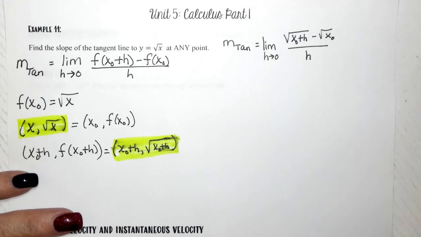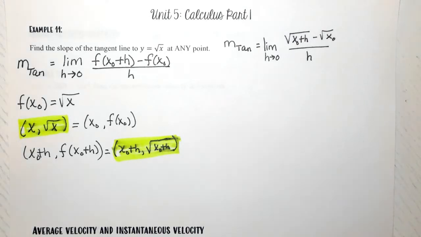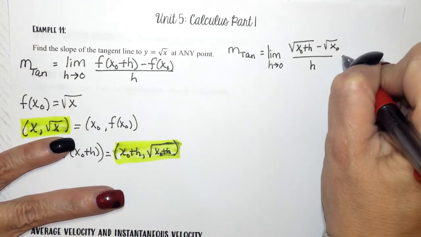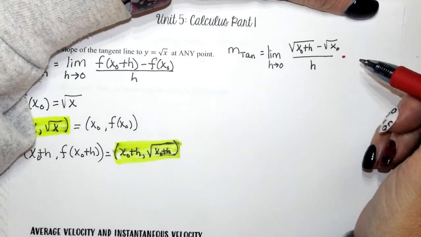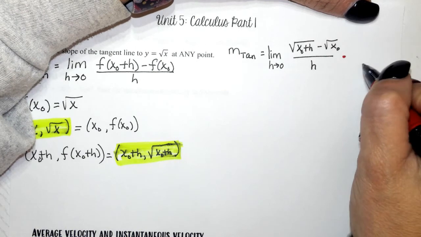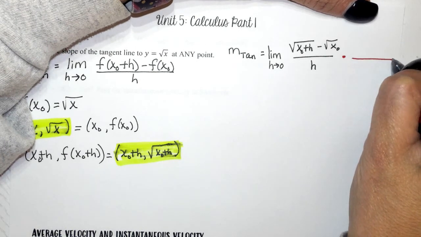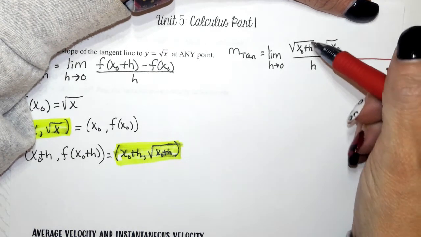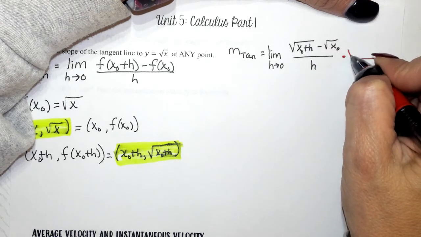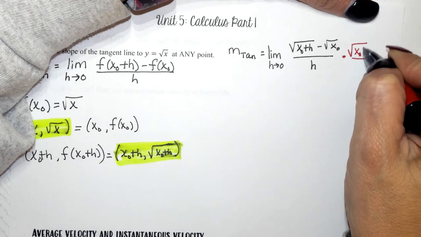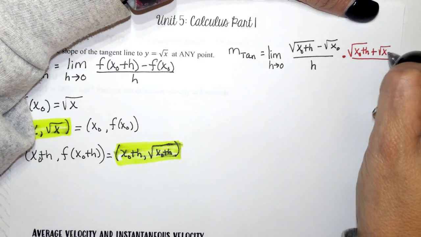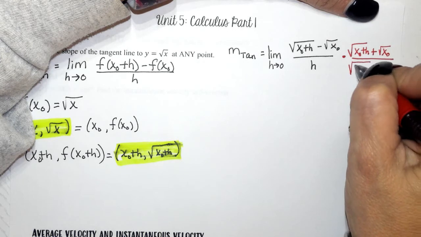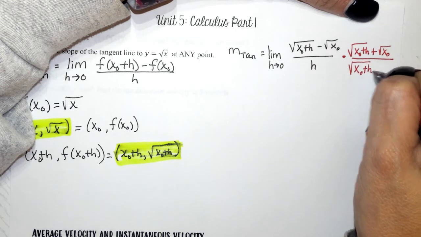It doesn't work out. So you have to use some of your algebra skills. And you have to multiply, if you remember, by the conjugate. So what we're going to do, and I'm just going to help you remember, is multiply by what we call a well-chosen number 1, something that doesn't change the problem. I want to try and get rid of these radicals. So what I'm going to multiply is the square root of x naught plus h, and then plus the square root of x naught, over the exact same thing.